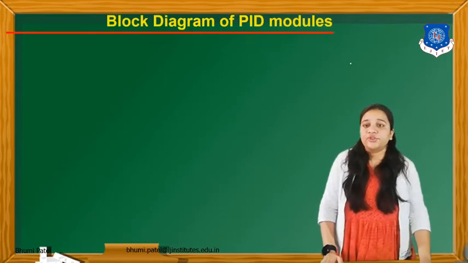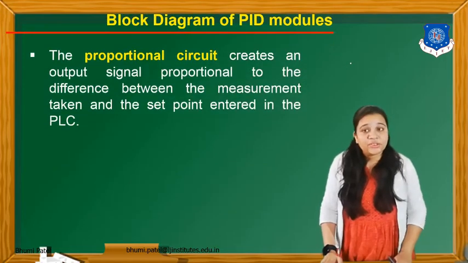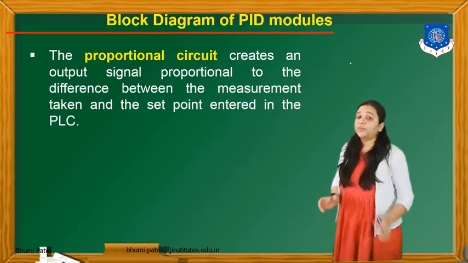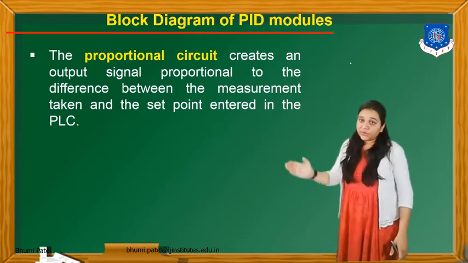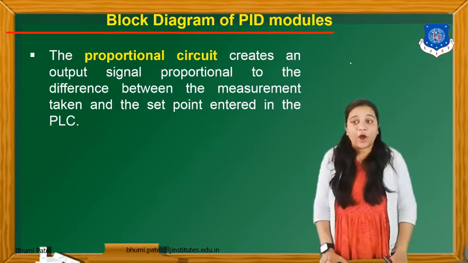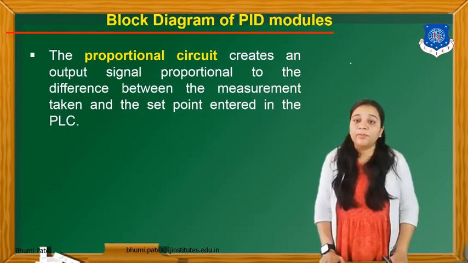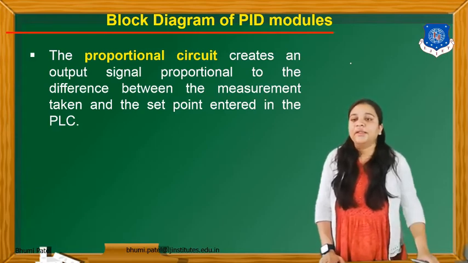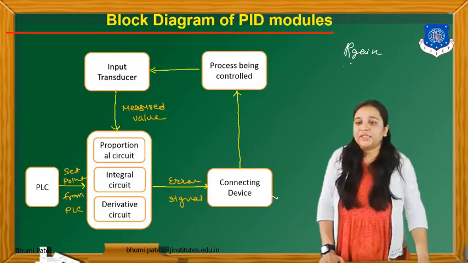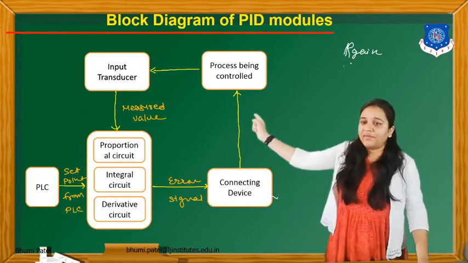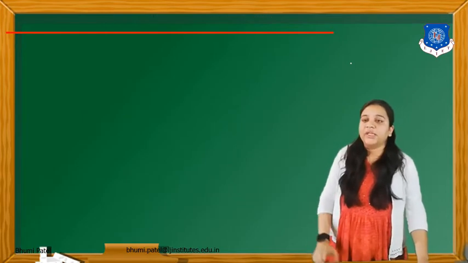Now, what is the proportional circuit and what is its function? The proportional circuit creates an output signal proportional to the difference between the measurement taken and the set point entered in the PLC. As you see in this block diagram, this is my measured value and this is the set point from the PLC.